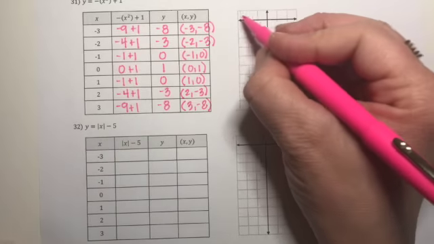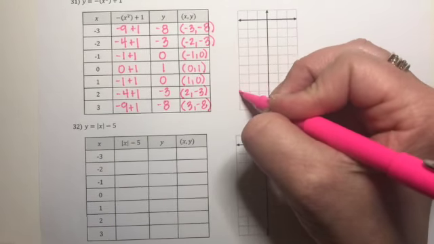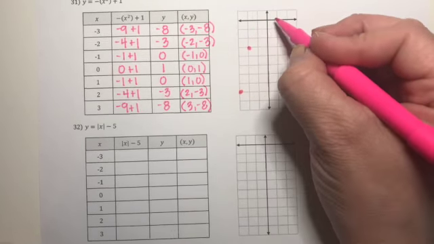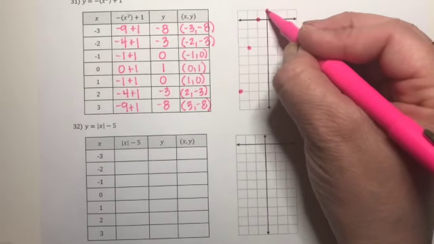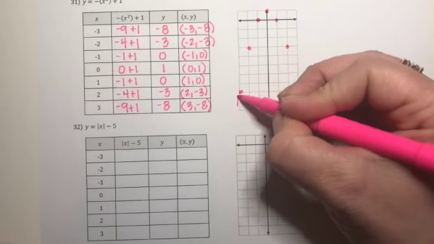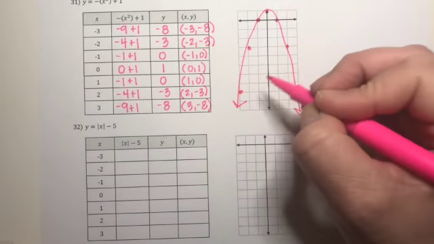Okay, so I'm going to graph it. -3, -8, -2, -3, -1, 0. And then 0, 1. And then it mirrors on this side. I'm going to connect it with my curved line to make a parabola.